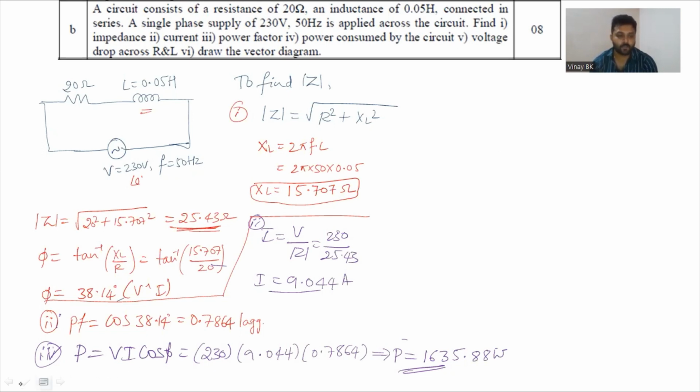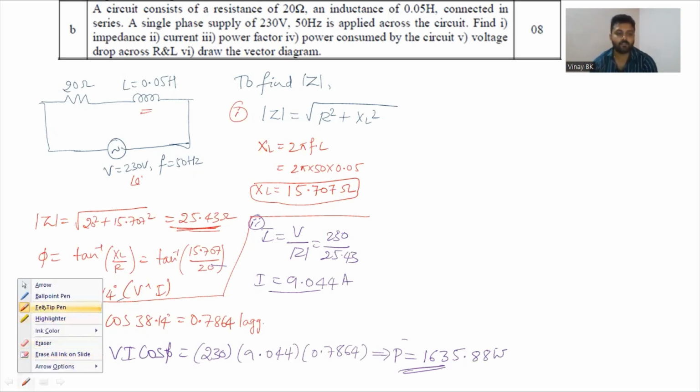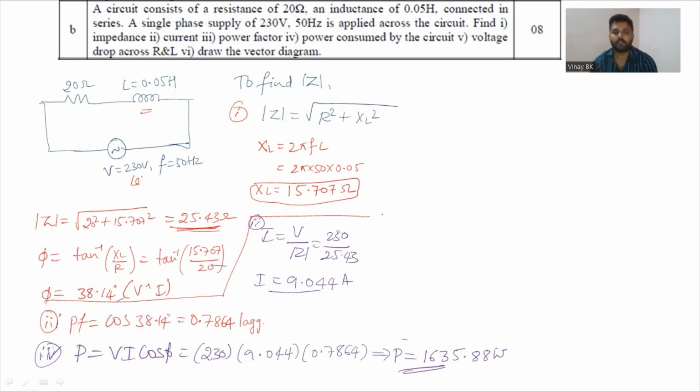Next, what is the fifth point they asked? They asked you to find the values of voltage drop across R and L, that is VR and VL.